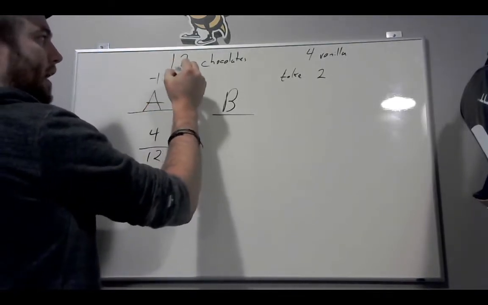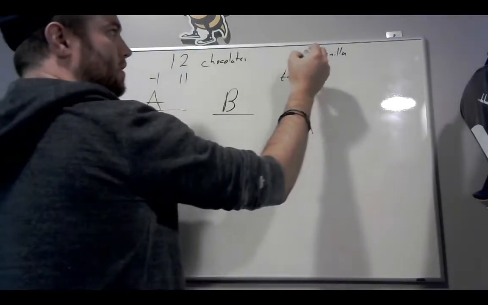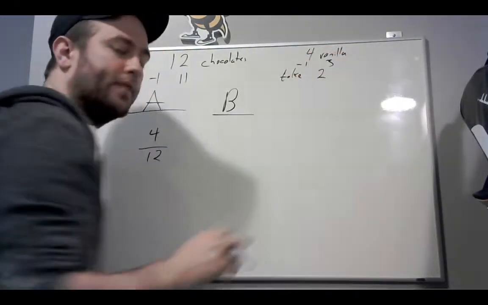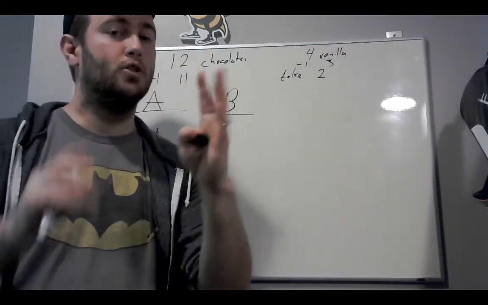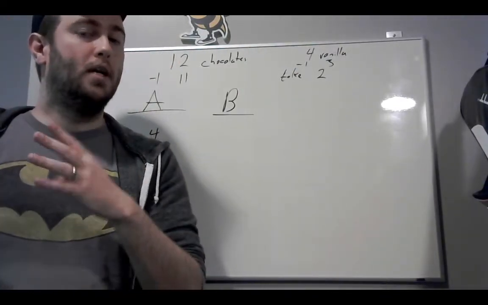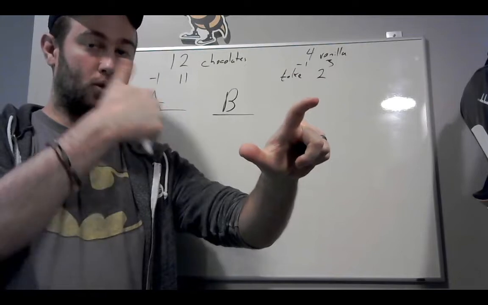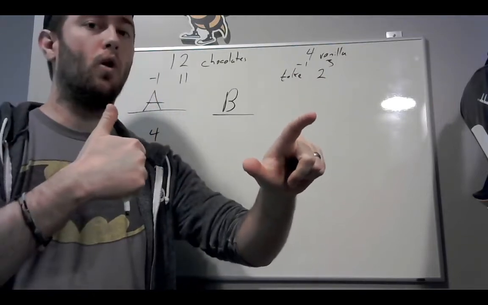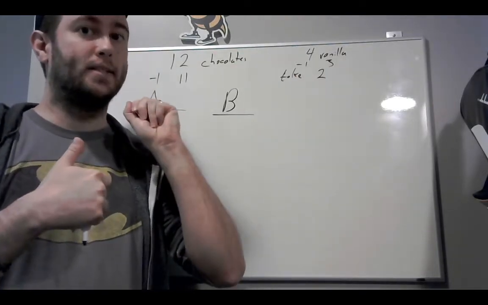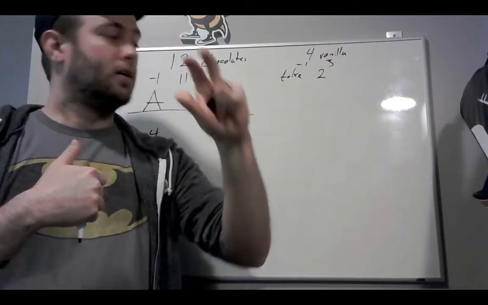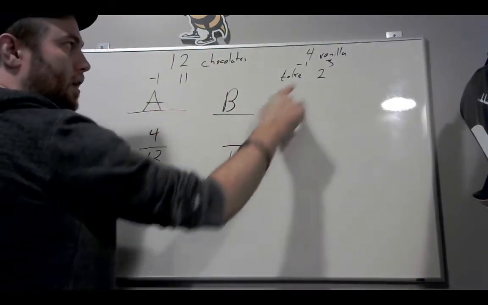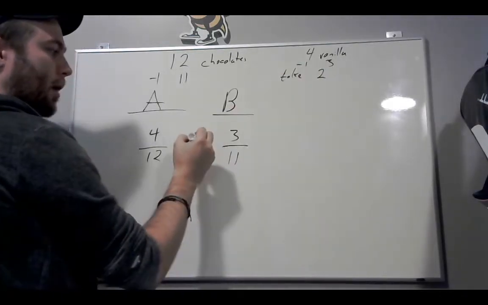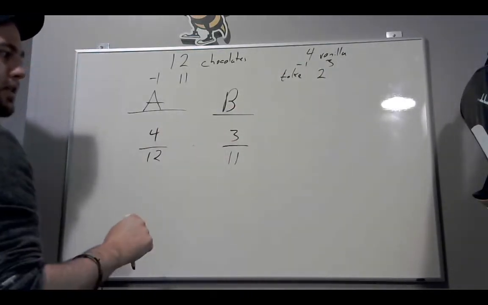So that means that I now only have 11 chocolates, and I only have 3 vanilla now, because I've picked one already. So event A already happened, so that means that it was good. It actually happened. We got what we wanted. So now I'm trying to do that same probability again that it already happened. So now I only have 11 total chocolates, and I only have 3 that are what I want. So I can multiply these things together.